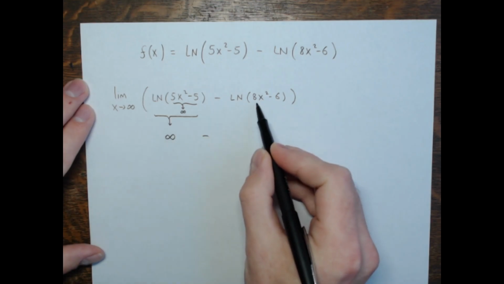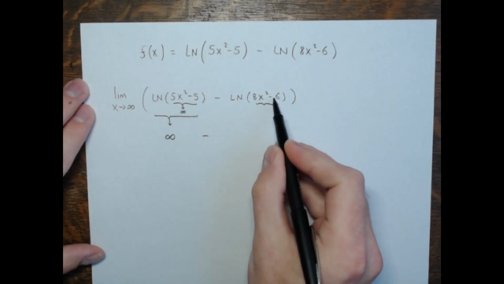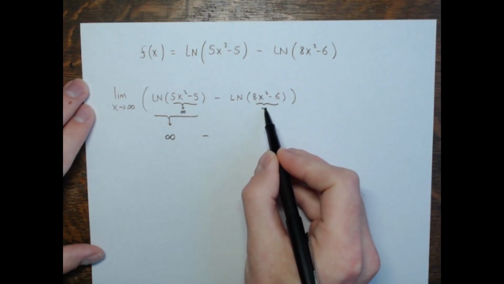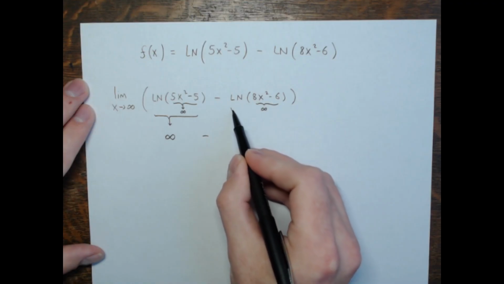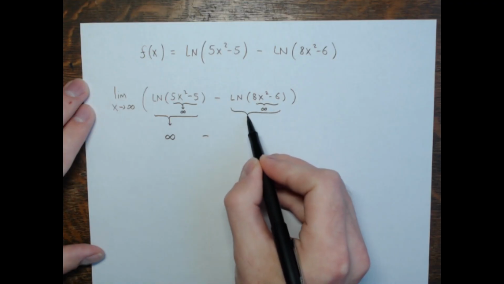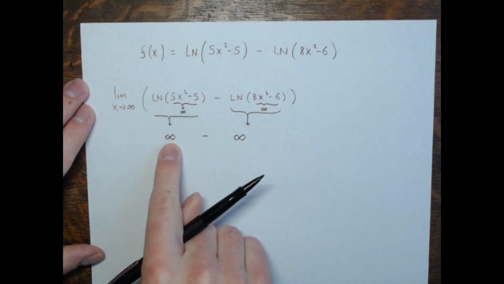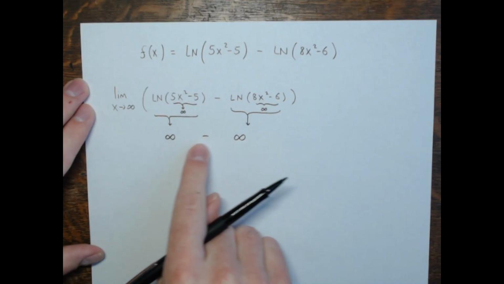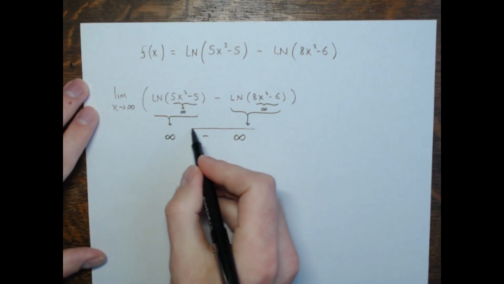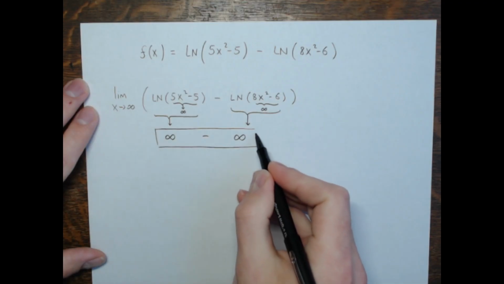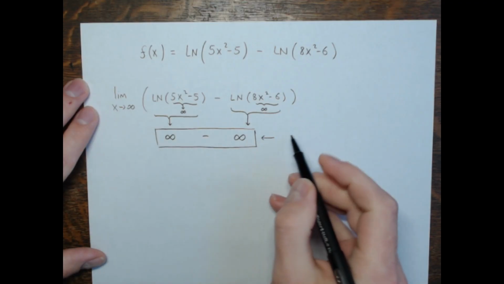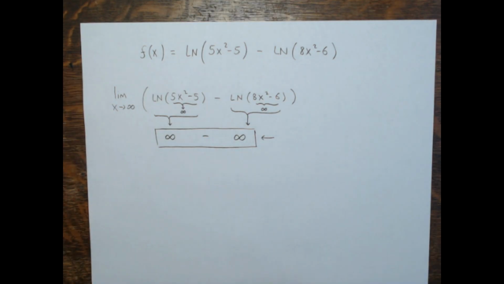Then we got minus, and then the same thing here, right? 8x squared minus 6 would be getting bigger positive, and so the natural log of that would also be getting bigger positive. So we have a positive infinity minus another positive infinity. Infinity minus infinity. Don't say this is 0. All right, this is not good. This is another one where it's considered indeterminate.